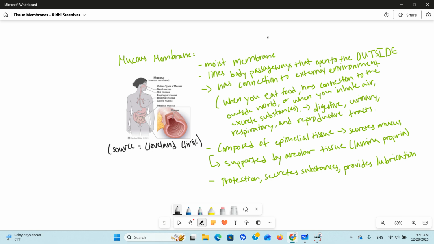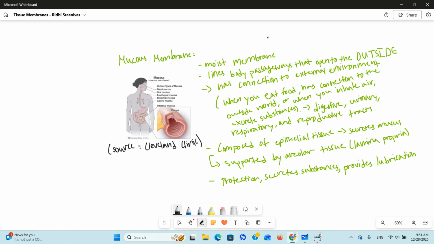And it is composed of epithelial tissue that secretes mucus from glands or goblet cells that keeps the surface moist to reduce friction. But the type of epithelial tissue depends on where you are referring to, like the urinary tract has a different type of epithelial tissue in its mucous membrane than the respiratory tract. And the epithelial tissue is supported by areolar tissue called the lamina propria in this case.